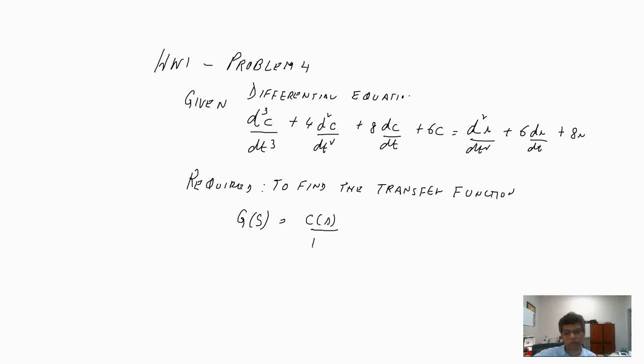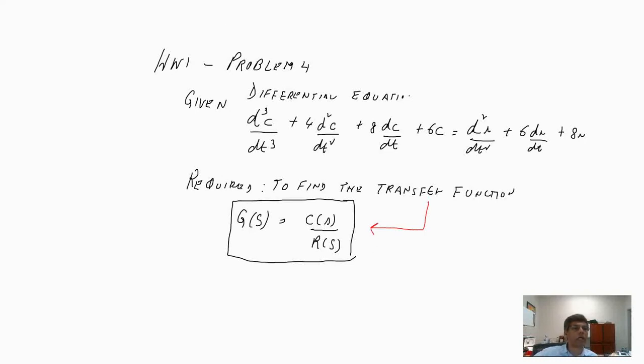This is the format we want this transfer function to be in. C(s) is the output, R(s) is the input, so output over input. This whole block that you are looking at is indeed called the transfer function. Let's draw this arrow over here.